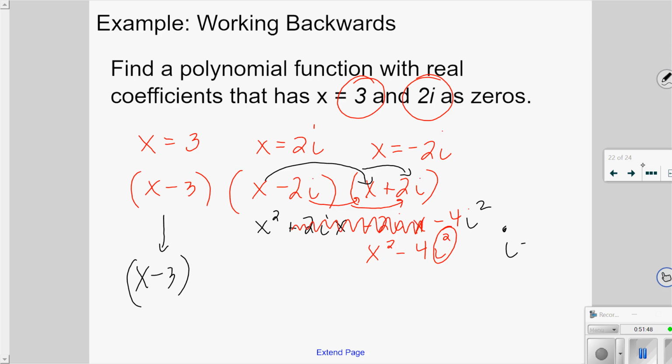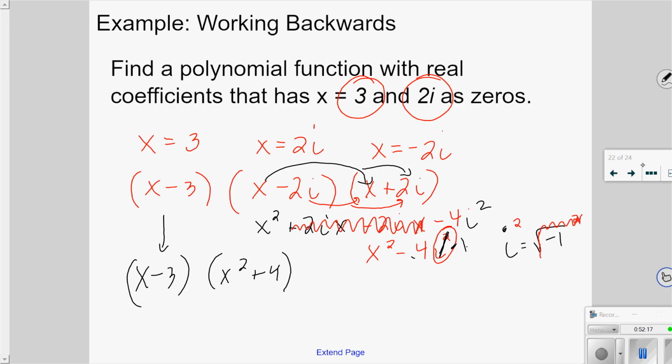We know our i is a negative under a radical. So if I square this side and square this side, this and this cancel, and you get negative 1. So i squared is negative 1, and negative 4 times negative 1 is a positive 4.